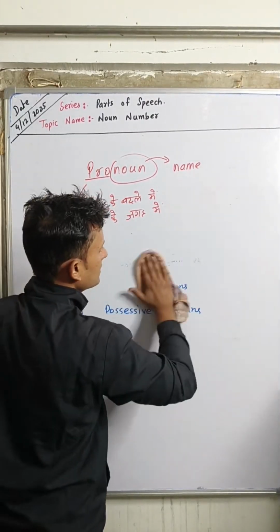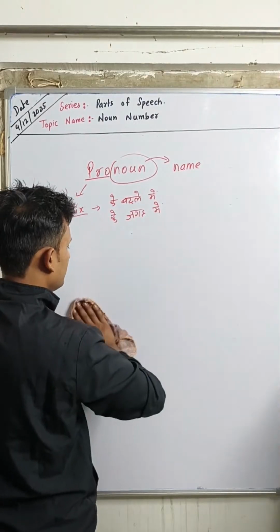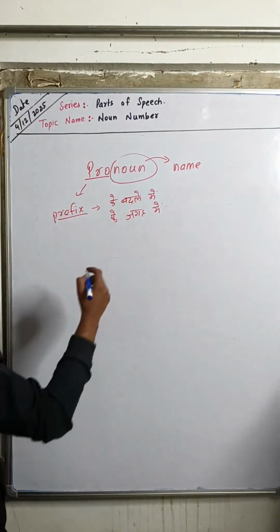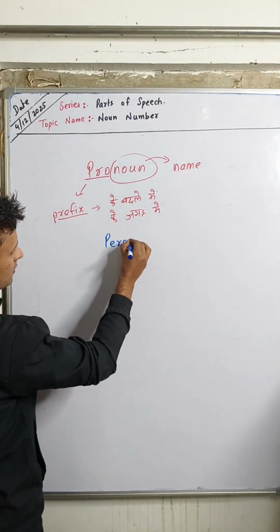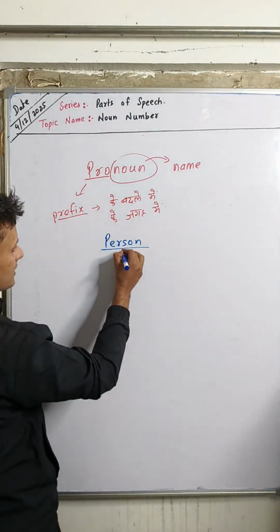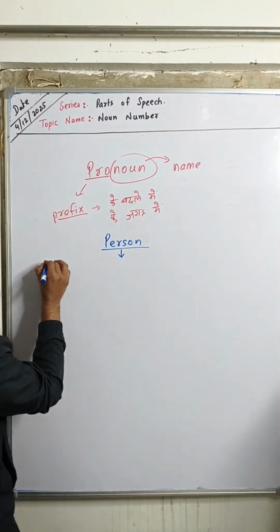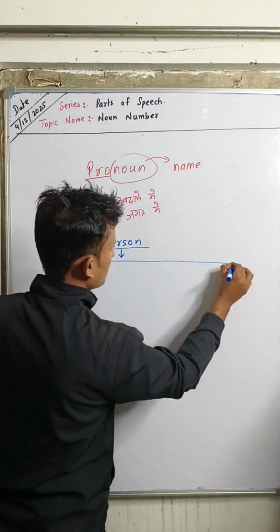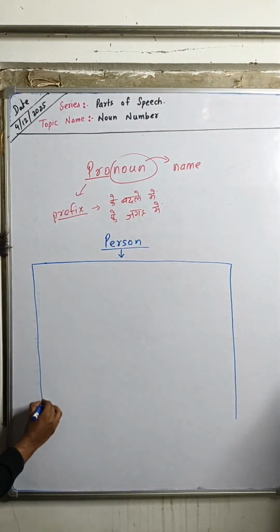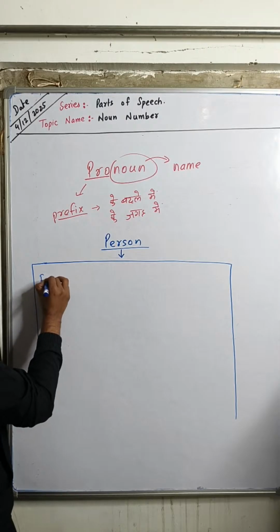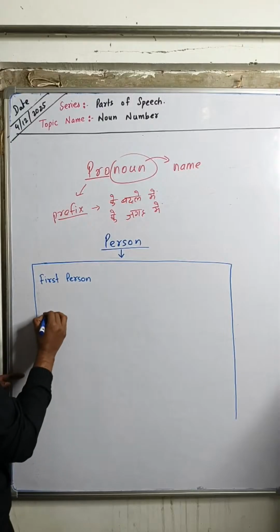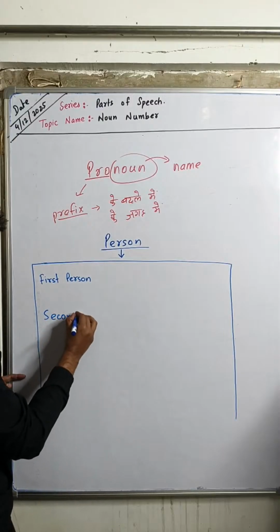So today let's learn about the person itself. It will help us to understand personal pronouns and their uses. Person, right? What does person mean in the English language? In English, there are three types of persons. One who speaks, the speaker, is called first person. The second, with whom we speak, is called second person.